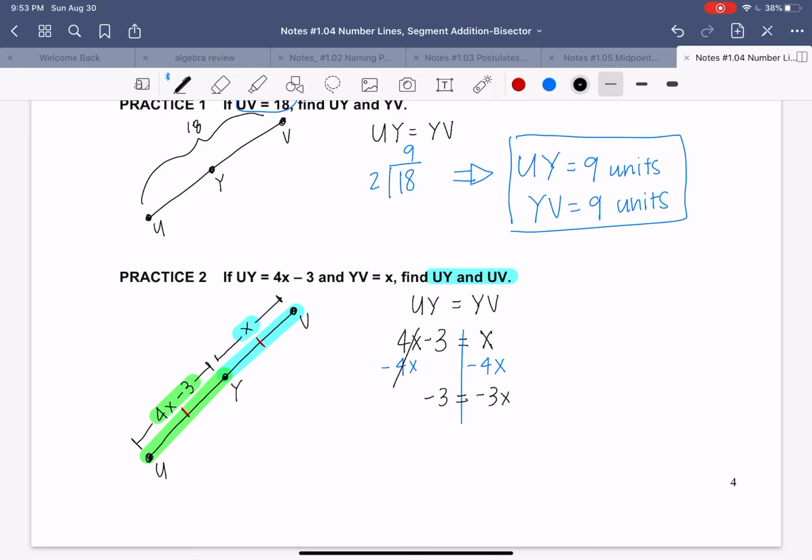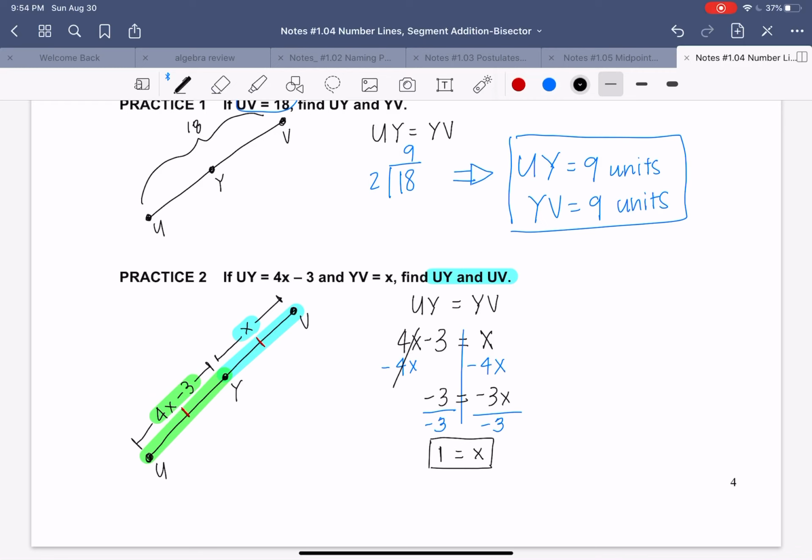No, I'm not done, because I still have a negative 3 multiplying with my x. So I'm going to divide by negative 3. Negative 3 divided by negative 3 is 1, equals x.